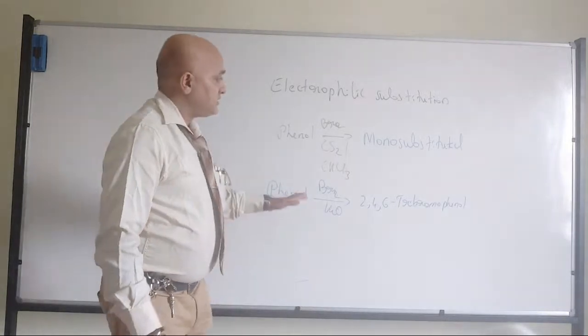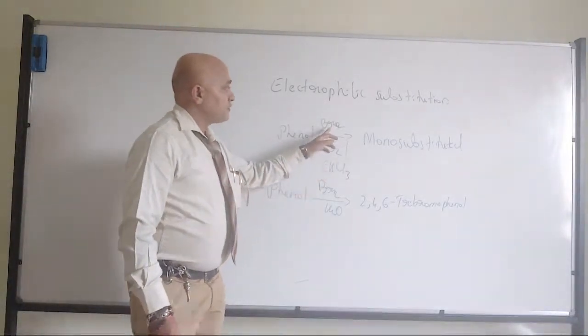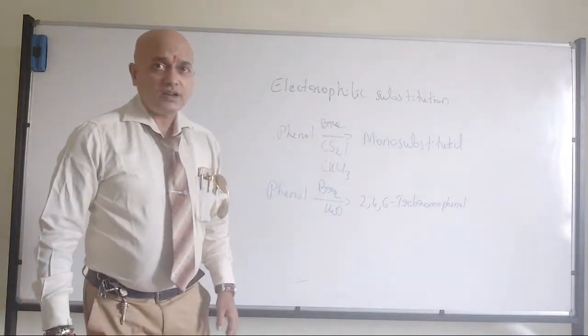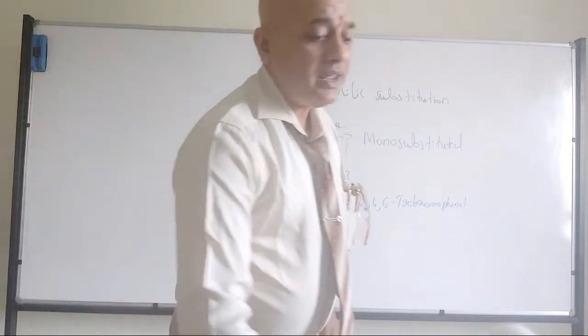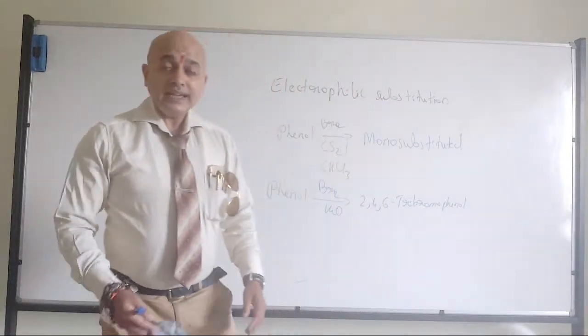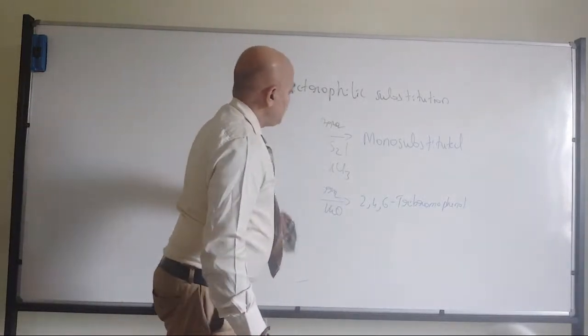That's where we have the halogenation, right? So in the first case, bromine in organic, non-polar solvent. In the second case, it will be bromine water. Any doubts? Okay, so that's where we have the halogenation.